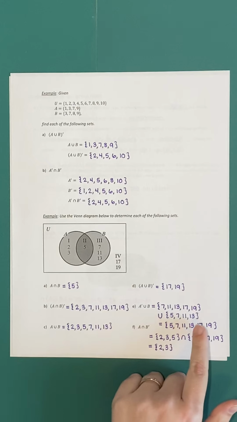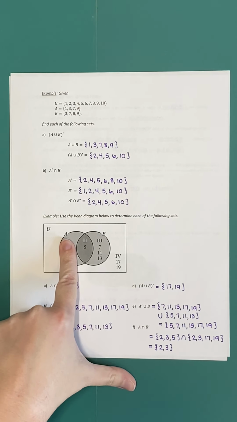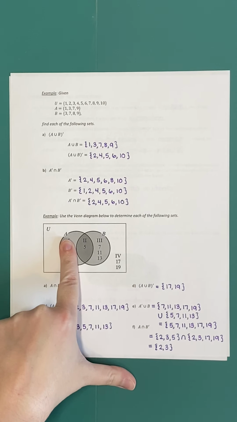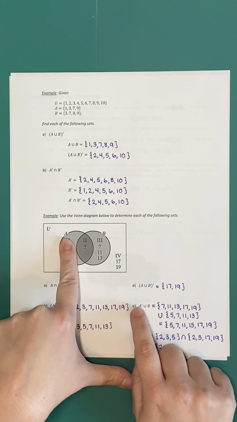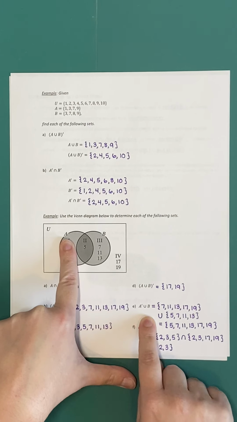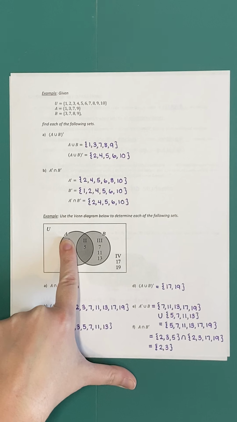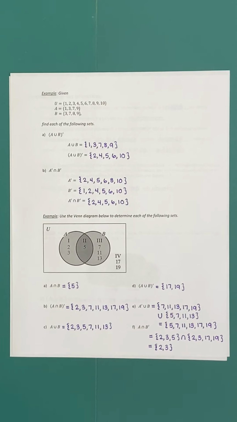Well, the only things not included here are going to be the 2 and the 3 that were in the set A, that were exclusive to A. So we can think of this particular construct as representing everything that's in U except what was exclusive to A. Anything anywhere in the diagram is included as long as it wasn't exclusive to A.